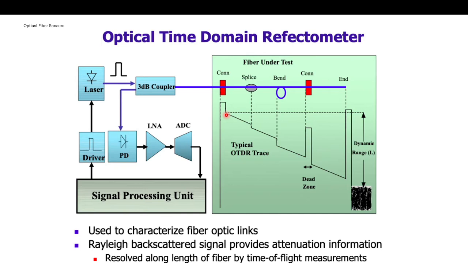Then in the air, because of the Brillouin scattering loss, the intensity is going down. Again here it is increasing, and both places will have feedback towards the photodiode, which will be amplified and converted to a digital signal through the ADC, and that will be analyzed.